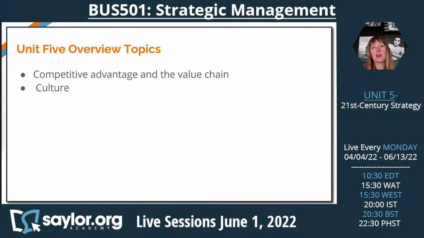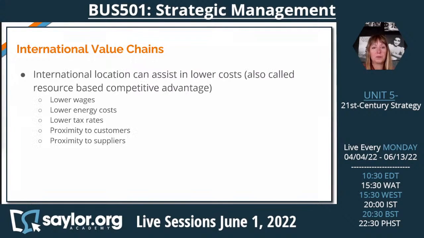So that'll be our main focus. We'll also talk a little bit, it's not on here, but we'll talk a little bit about innovation and a little bit about management theory and some of the things that are important to think about as you implement your strategy. So let's go ahead and get started on some of the content here.